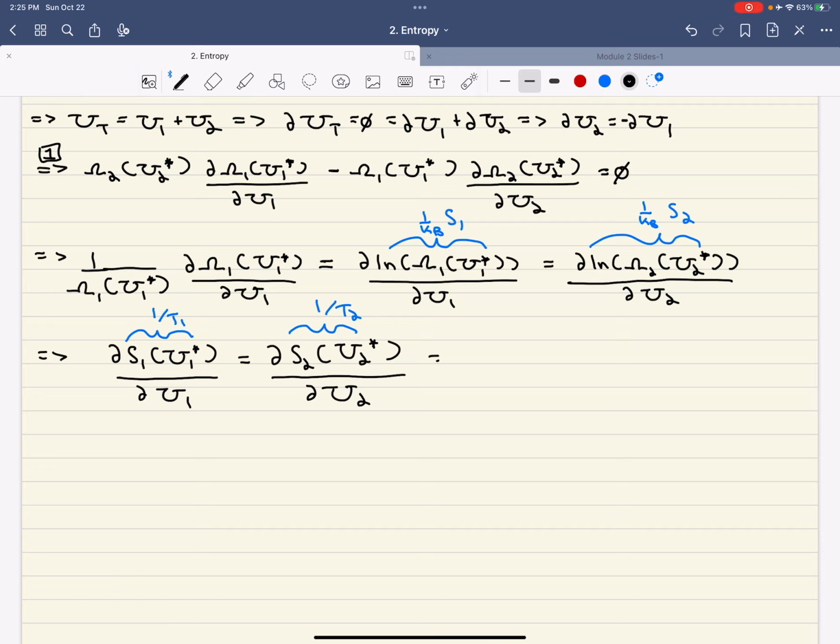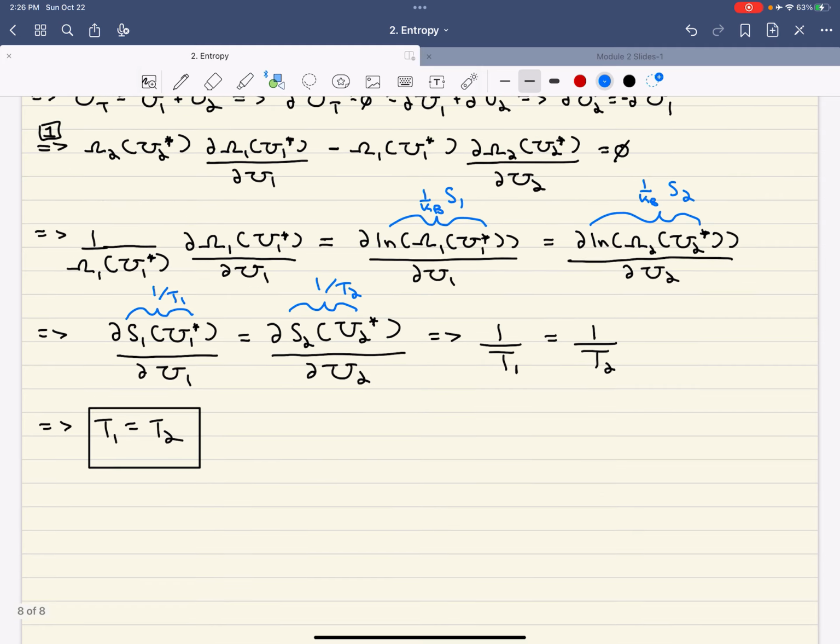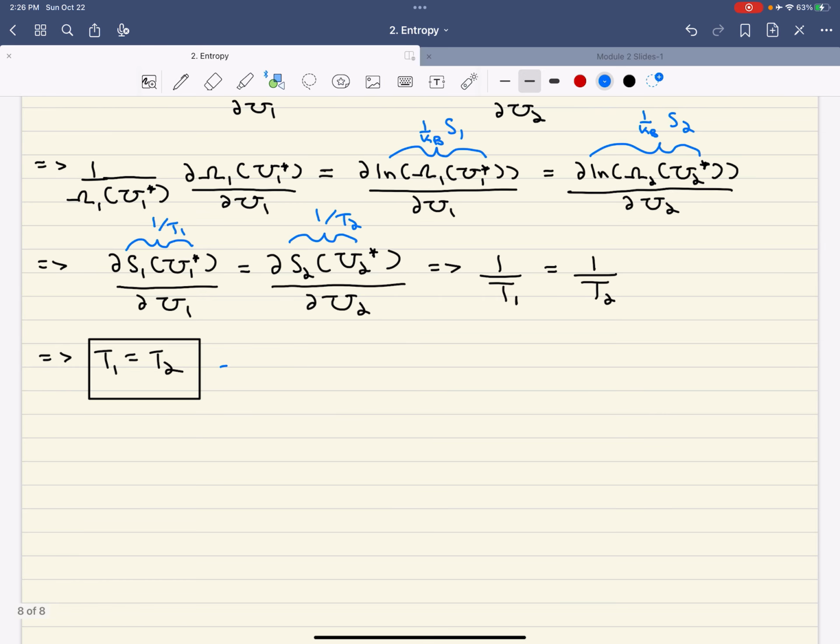And so as a result, we find that by going through this analysis, that at equilibrium of our overall composite system, the two subsystems, this relationship should be obeyed, or in other words, T1 is equal to T2. Okay? And so really by doing this analysis, what this tells us is that equilibrium is achieved.